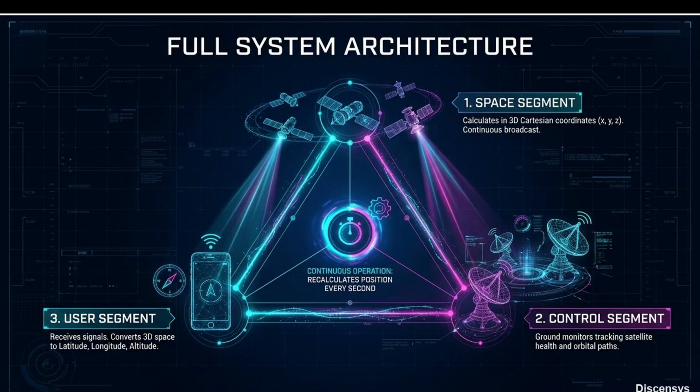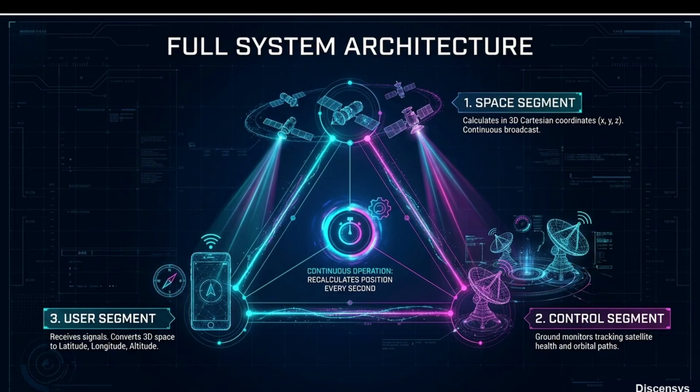Full system architecture. You can see that within the space segment, the satellites are going to calculate the Cartesian coordinates, or the X, Y, Z, and we have the control segment, which is going to track the satellites' health to make sure the satellites are working properly, and the orbital paths.